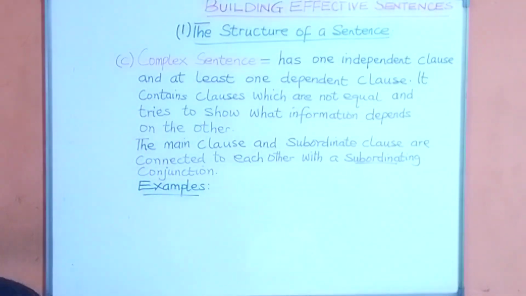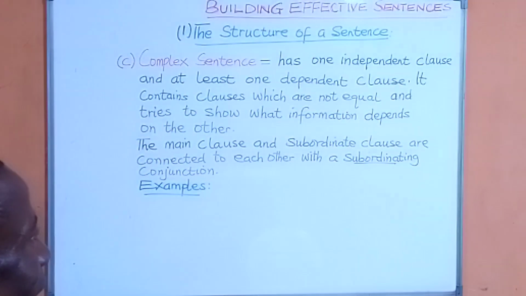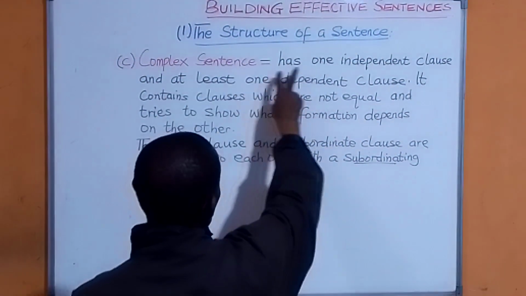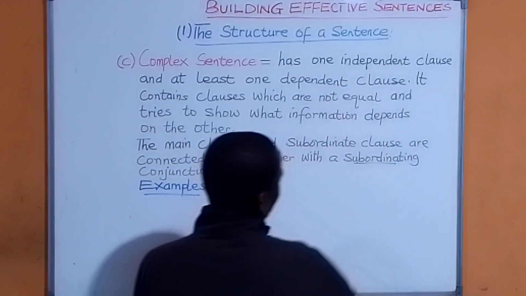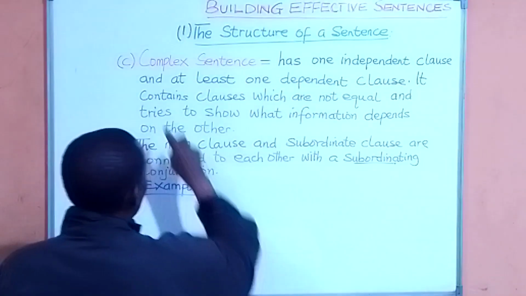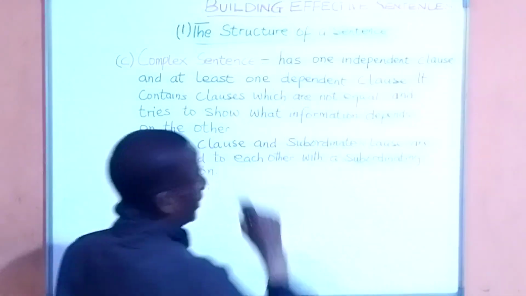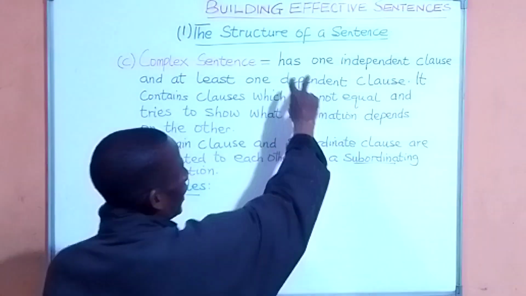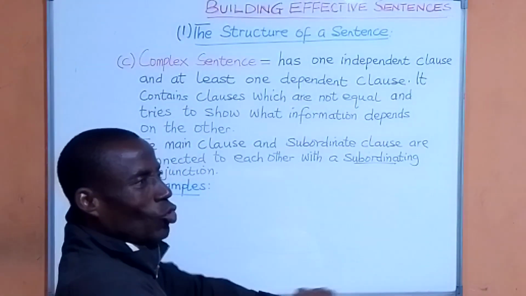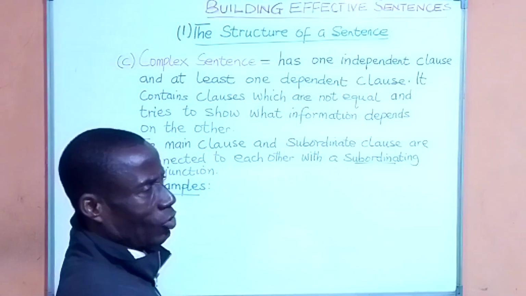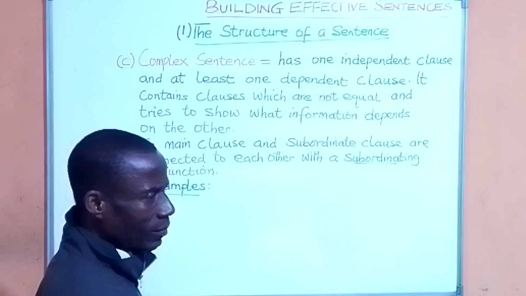Although the second clause is depending on the first clause, the second clause is more important than the first clause. Let me say it again. A complex sentence is a sentence that has one independent clause and at least one dependent clause. The first clause we make is completely independent. It's self-existent.